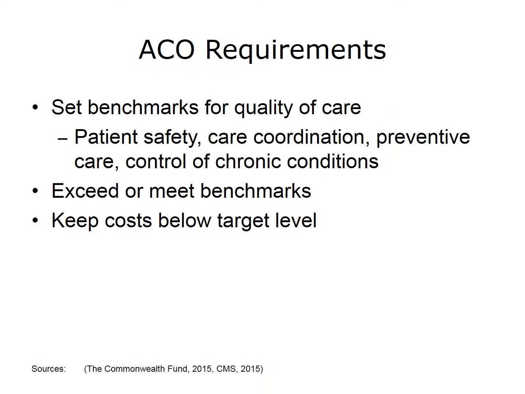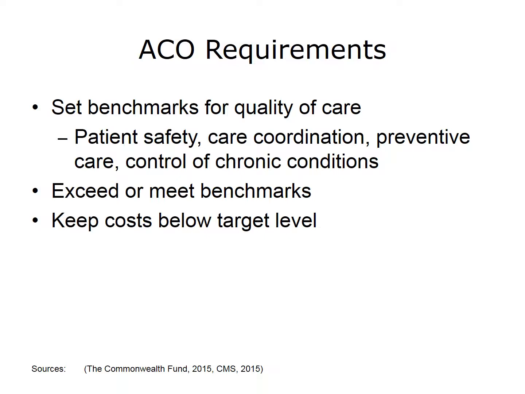In addition to the spending or cost part of the ACO model, there are also specific requirements regarding the quality of care provided in the ACO. In order to share in the savings achieved as described in the last slide, ACOs must also set benchmark levels of quality care performance.